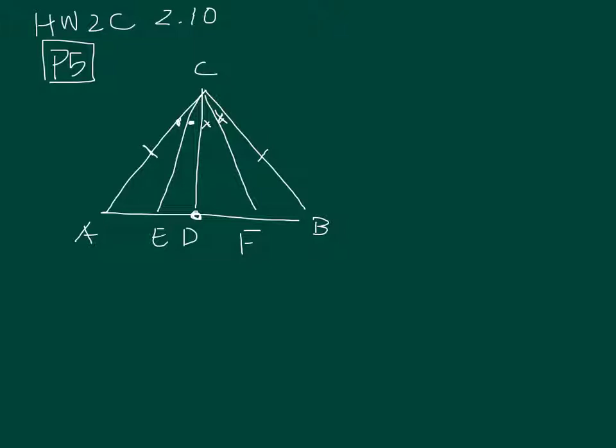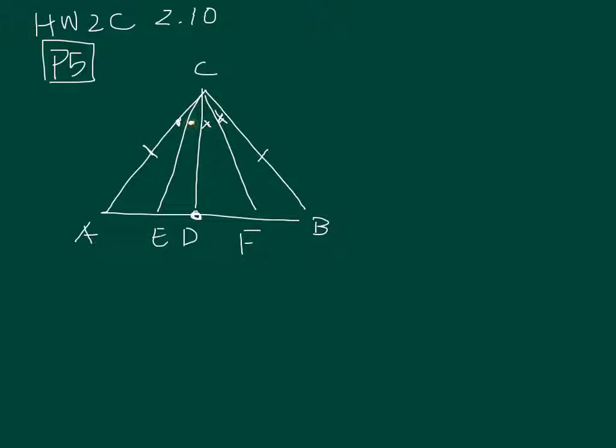And so if we can make a reverse list, we're going to prove that these two triangles are congruent, and we already have a side right there. We also know that angle A and angle B are congruent because it's an isosceles triangle, because of the isosceles triangle theorem.